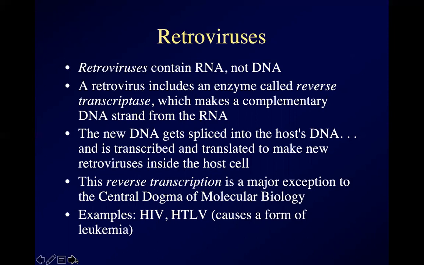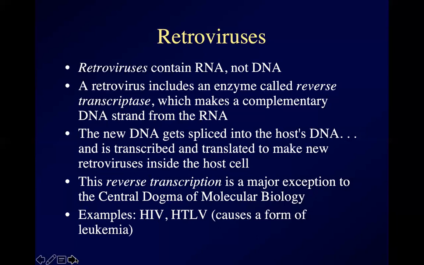Now, at the end of our last lecture, I mentioned something called the central dogma of molecular biology, which states that information is stored in DNA. When the information is transcribed, it's used to make RNA. And then when the RNA is translated, it's used to assemble a protein.